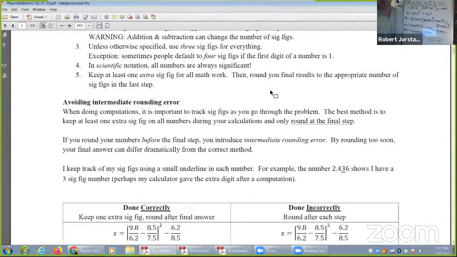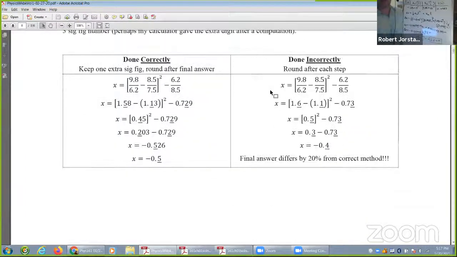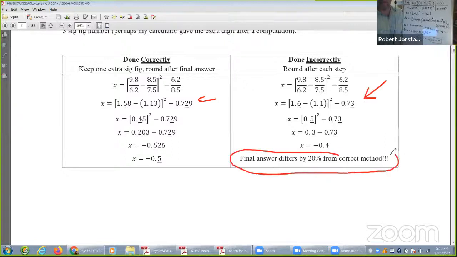And I just want to point out, somebody asked earlier, why do I need to keep the extra digit? This shows you what happens when you keep the extra digit versus not. If you round every time, sometimes the final answer in this weird problem I just made up differed by 20%. Now, let's be honest, most times it's not going to be off by 20%.